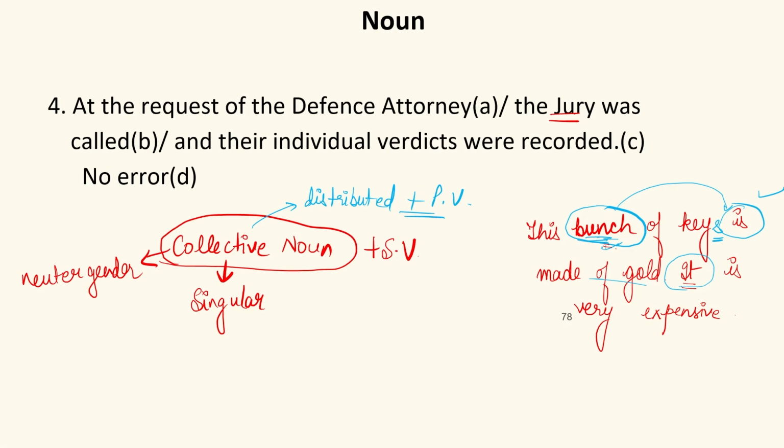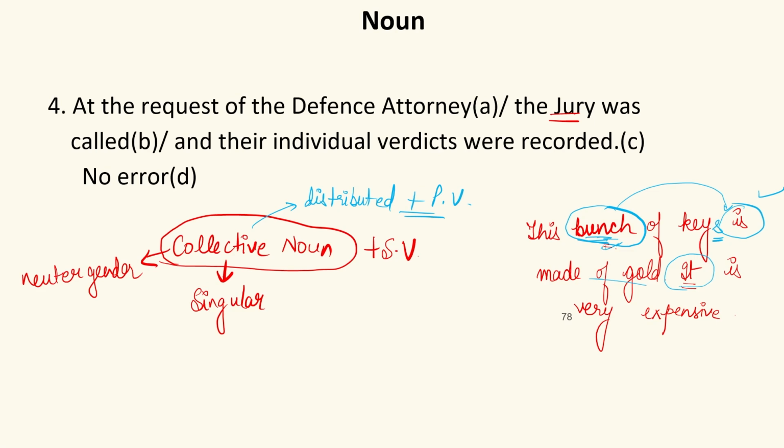For example, if I say the team is playing to make India win, it means the team is doing teamwork, working all together. But if I say the team are changing their uniform, it means the team is not changing. In fact, the members in the team are changing their uniforms.